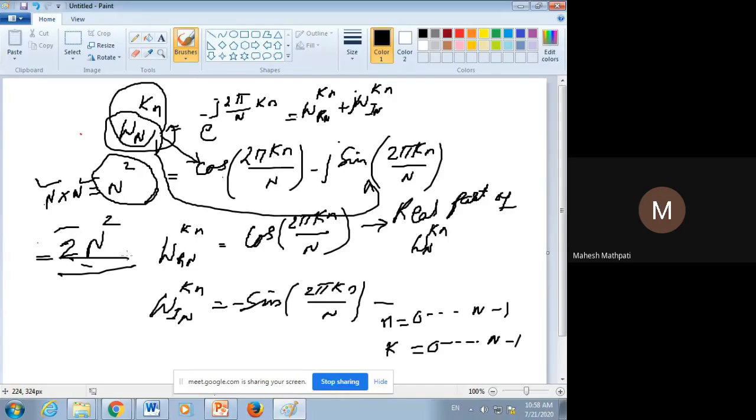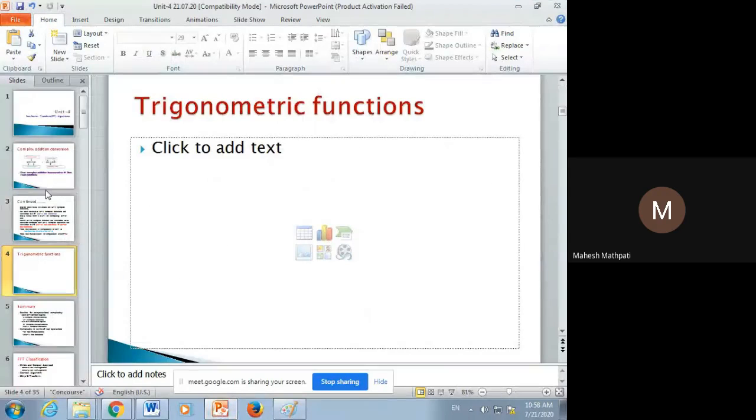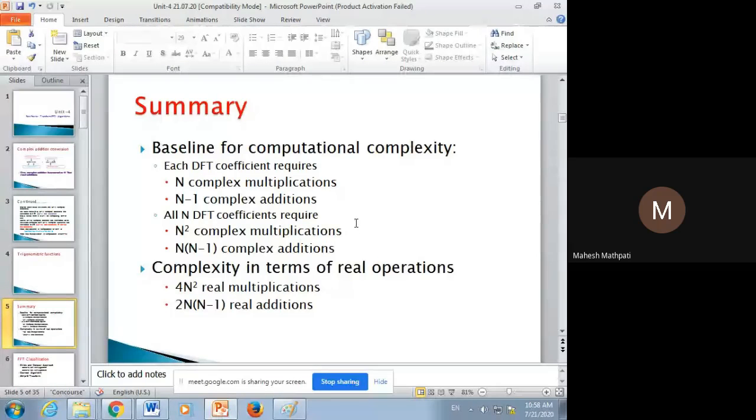Hope you all have understood the functions we require. So let us write a summary here now. You just write the summary. This will be helpful for you to understand again for the MCQ questions.